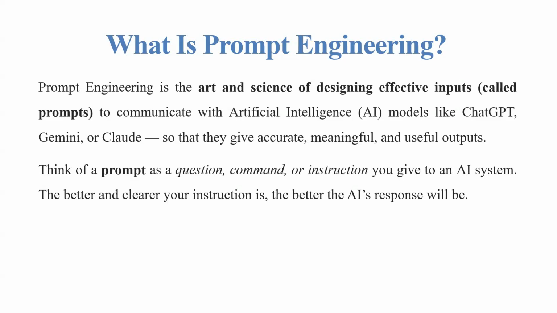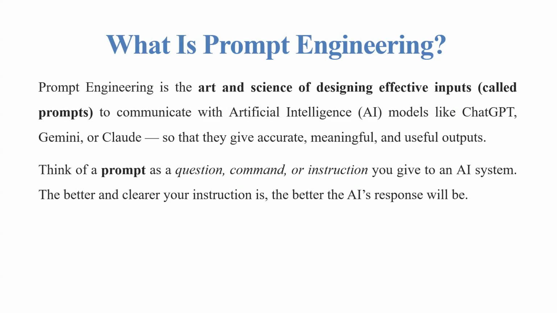It is the art and science of designing effective prompts so that the AI model generates accurate, meaningful, and useful responses. Notice the words art and science. Why is it called an art? Because writing a good prompt requires creativity. You need to think about how to communicate your requirement clearly.